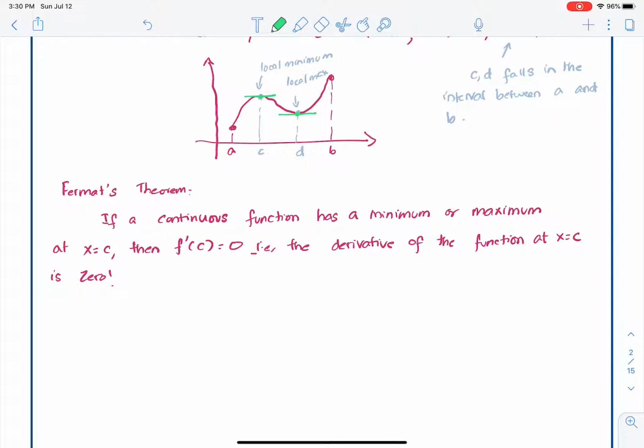In other words, if I find the derivative of the function at those 2 points, C and D, the derivative will be equal to 0. So what we're saying is if we know that a function has a minimum or a maximum at x is equal to c, then f prime of c has to be 0.